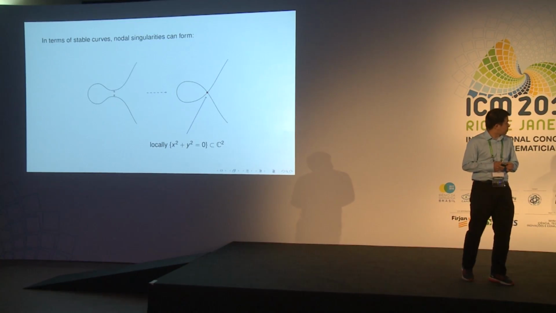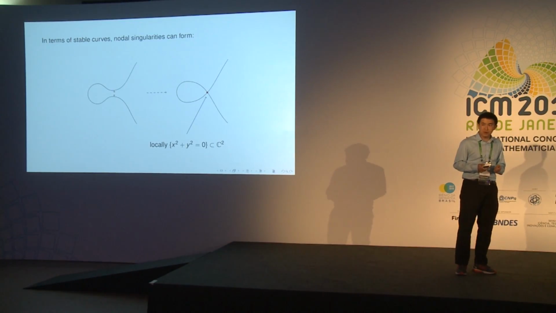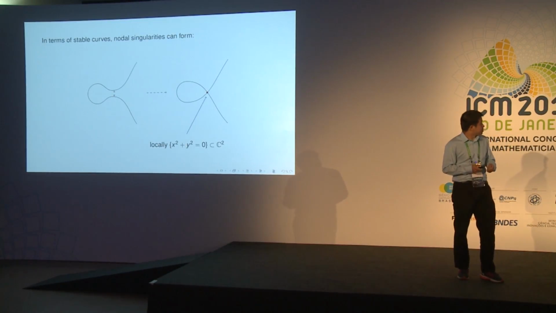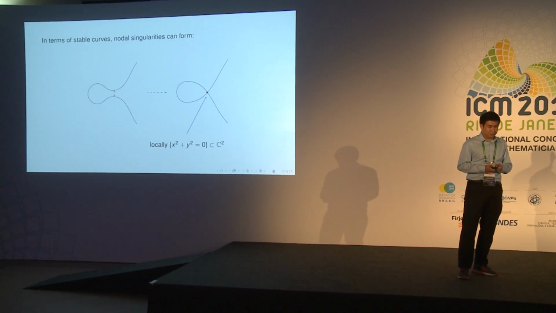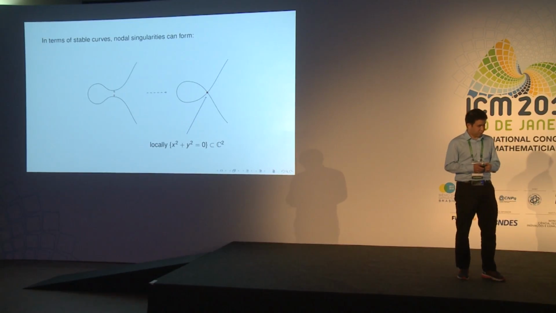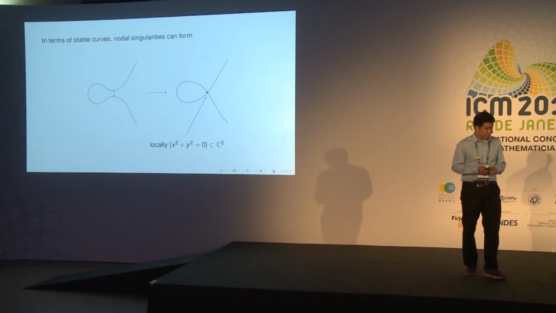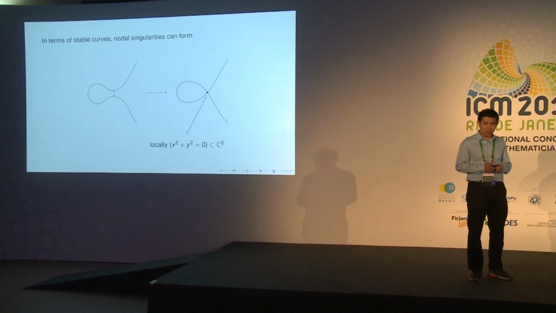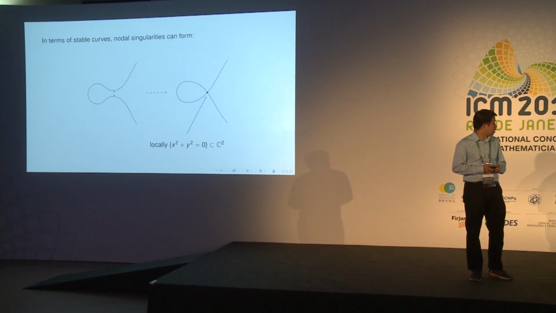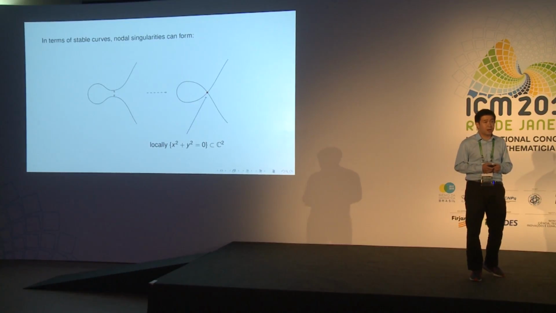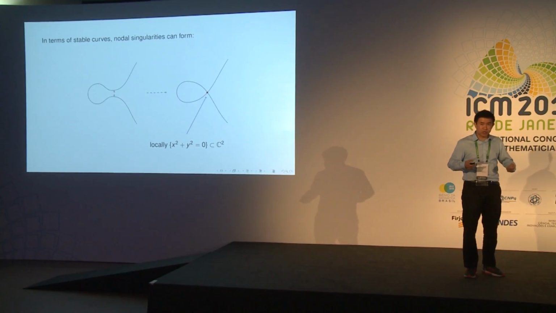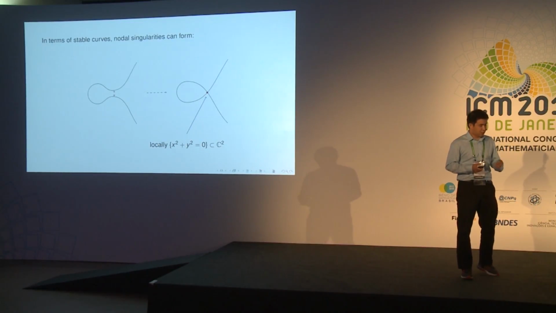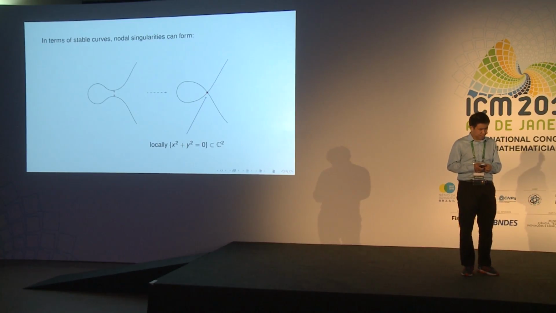The compatibility between these two points of view can be seen through the fact that whenever we have a nodal singularity formed in the limit of stable curves, there is a complete hyperbolic metric on the complement of these nodes. And this metric is the limit of the hyperbolic metrics on the smooth objects.